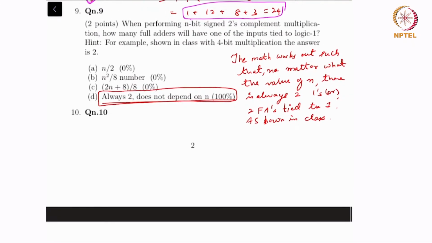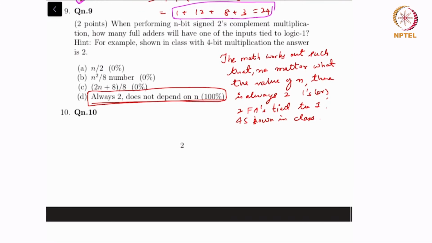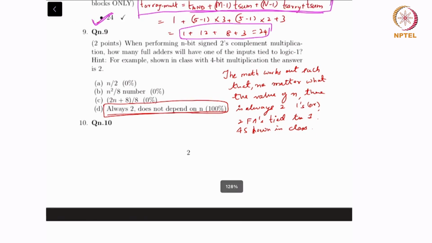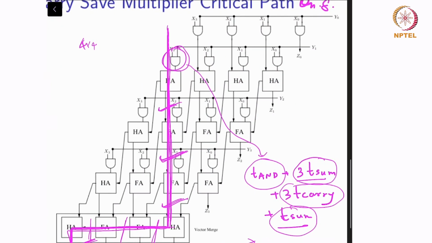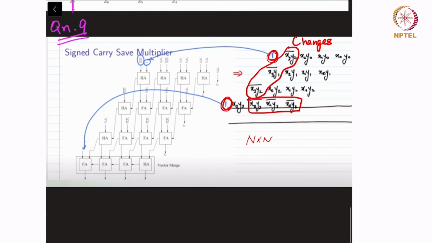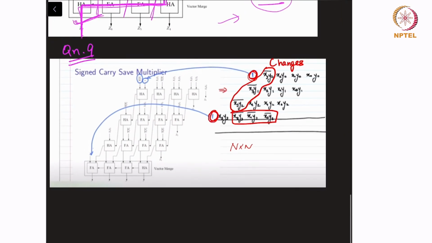Moving on to question 9. When performing an n-bit signed 2's complement multiplication, how many full adders will have one of the inputs tied to logic 1, right? So in this case, let's again look at what we have done in class. We have come to an understanding that there are two trailing ones that are left behind, right?